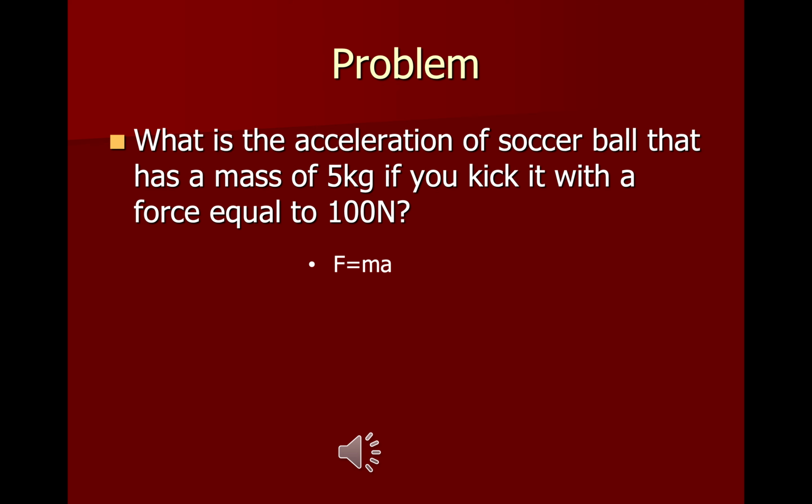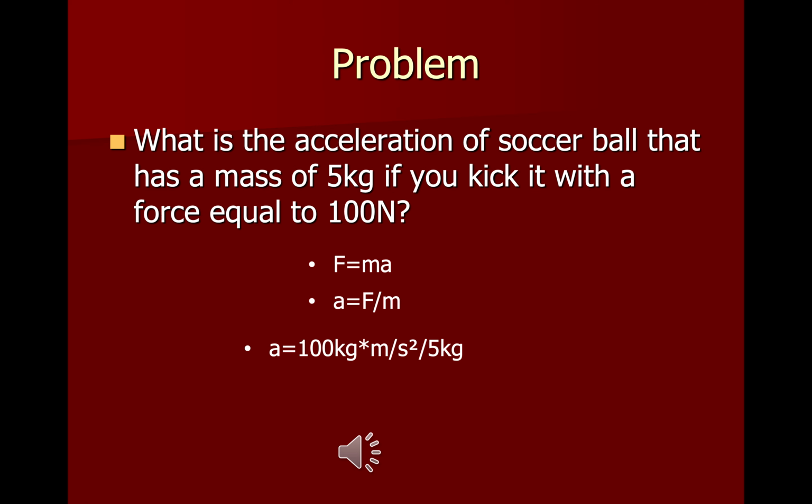So again, the original equation is F equals ma, which, using algebra, gives us a equals force divided by mass. If you don't know how to do this, you have to go back and review algebra or memorize another equation. I guess you could do that.